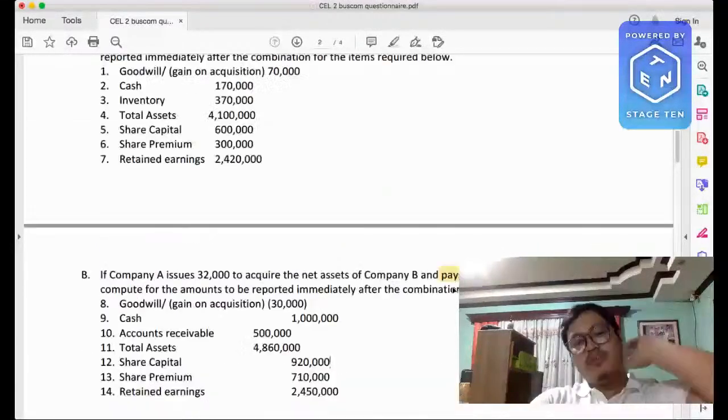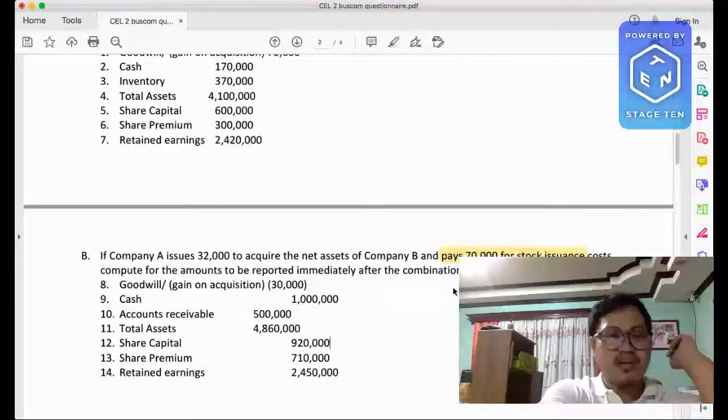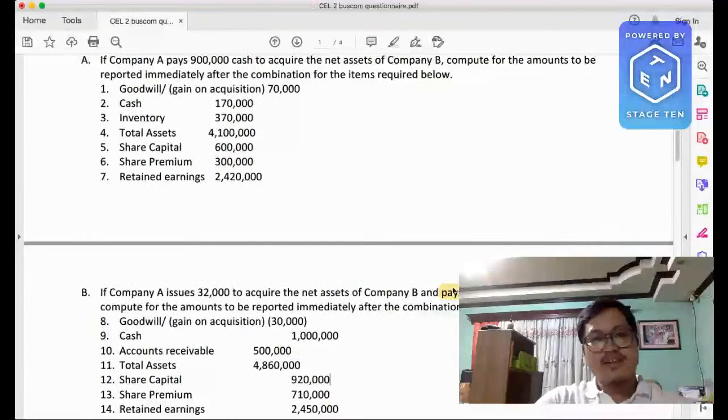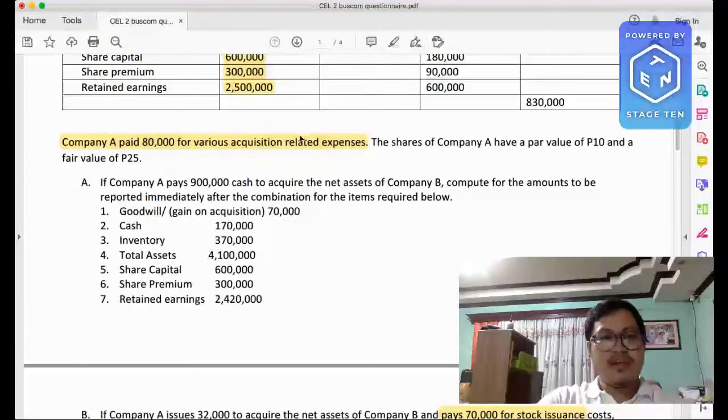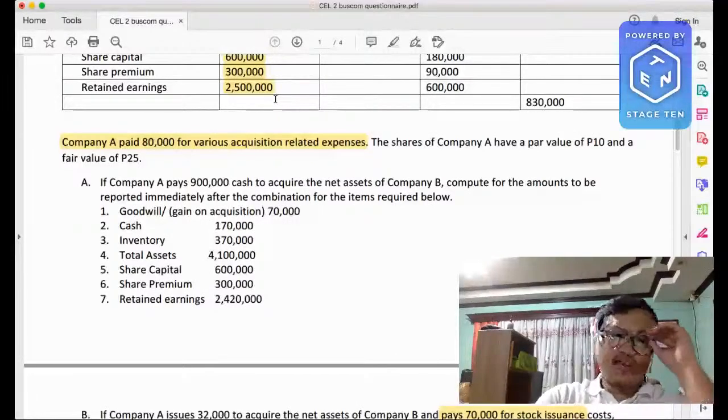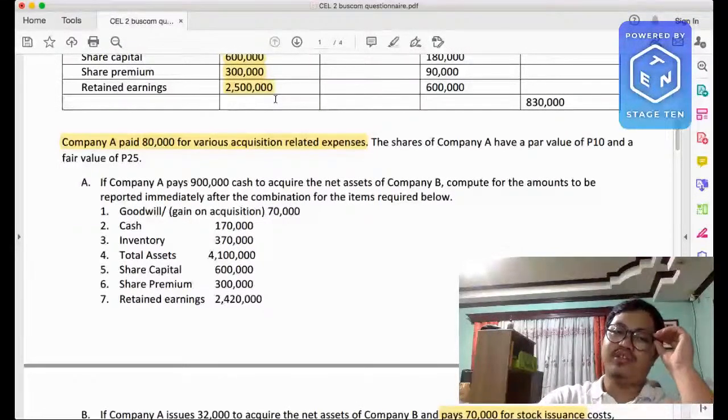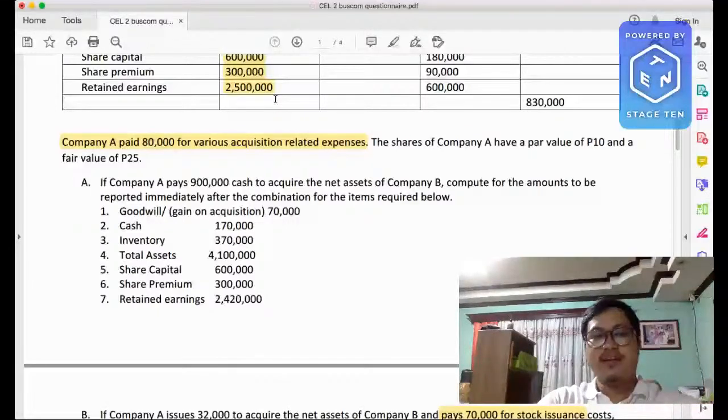Okay. Next, last question, class. Compute for your retained earnings. Again, the retained earnings was 2,500,000. Okay. In problem A, class, we deducted 80,000 from 2,500,000, representing the acquisition-related costs because, again, those costs are to be recognized as an expense.